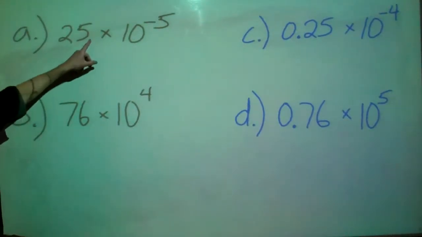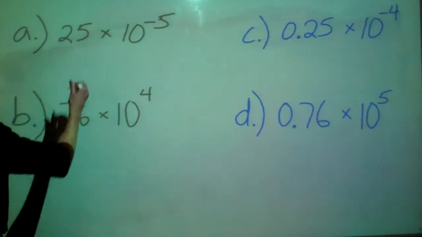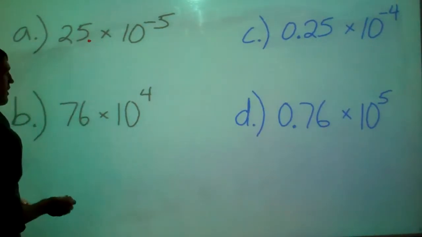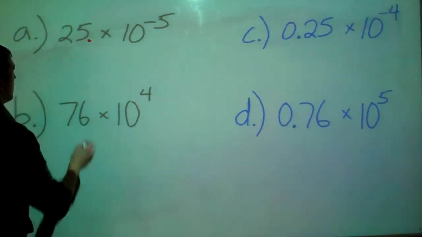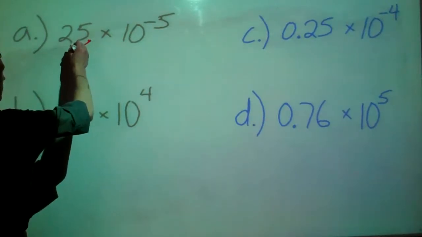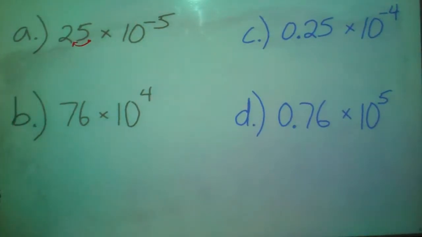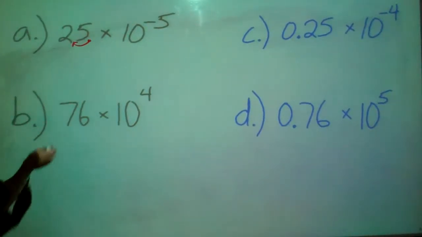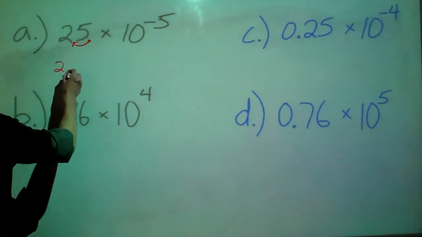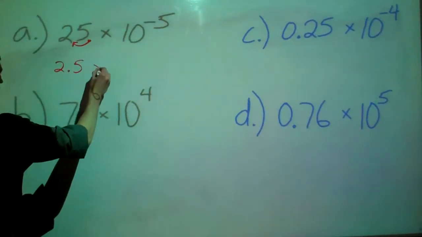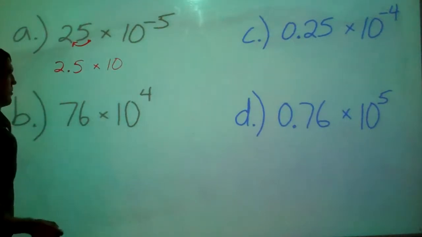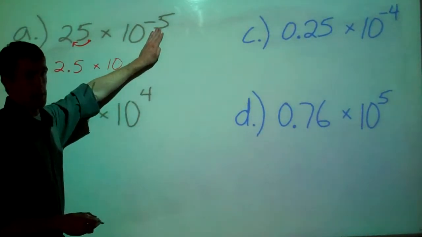Okay? So right now, our decimal point is right here. 25.0, we could write that as. We need to make it so that it goes right in here. 2.5, that's between 1 and 10. Times 10, but that's going to mess with our exponent here.